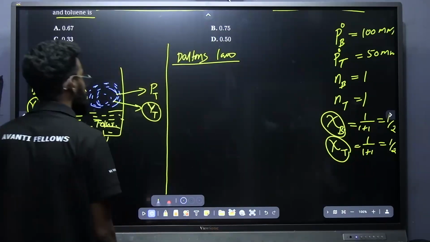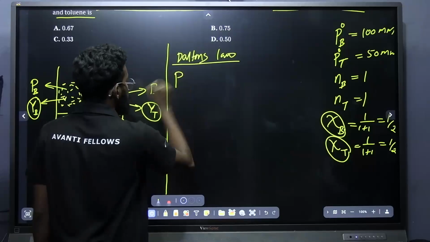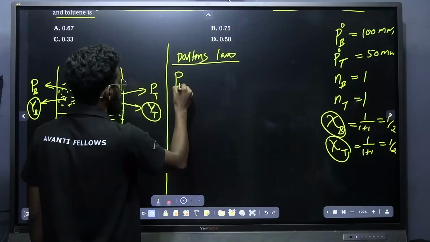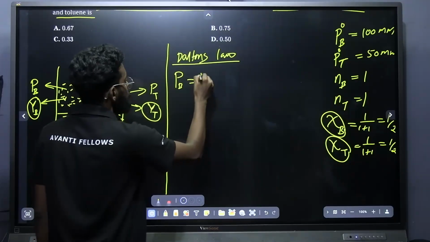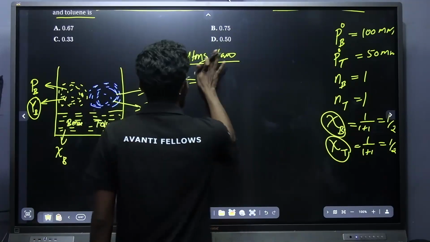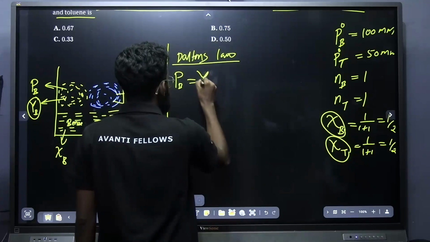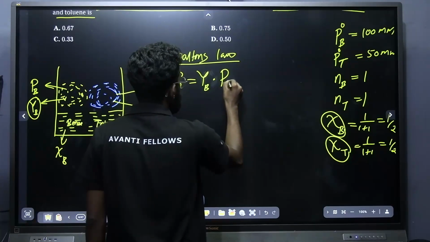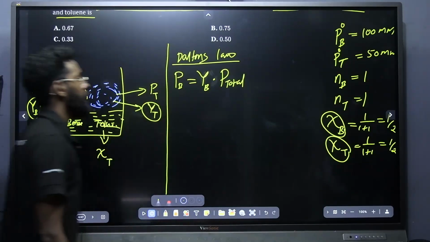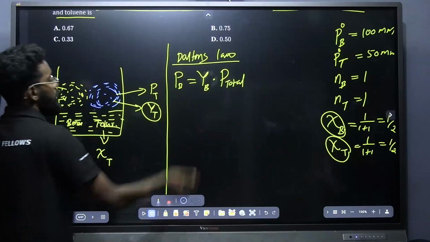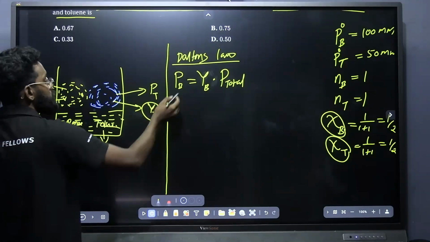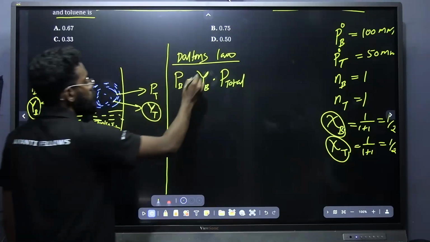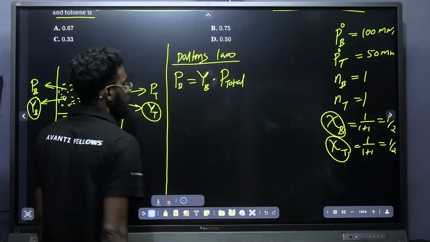According to Dalton's law of partial pressure, the partial pressure of a substance in its vapor phase, for example Pb, is equal to the mole fraction of B into P total. This is according to Dalton's law: the partial pressure of a component in a mixture is equal to the mole fraction of that component into the total pressure.